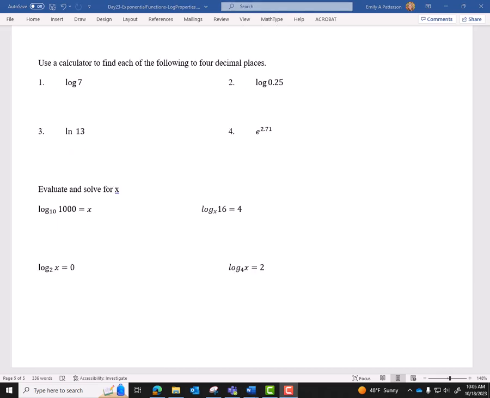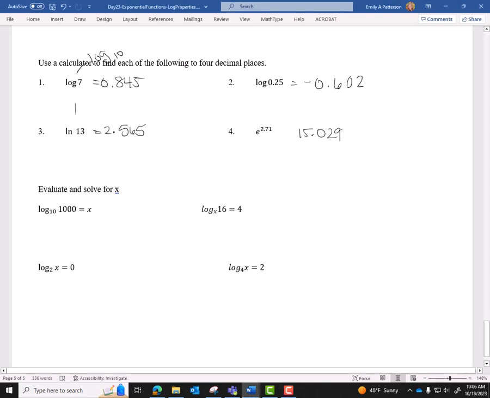So looking at these specialized logs, again, when it's not written, this is understood to be log base 10. So if we tap it out on the calculator, we can find these really easily. For each one of these, I simply tapped it out on the calculator. And let's talk about what this means. Remember, these are each log base 10.